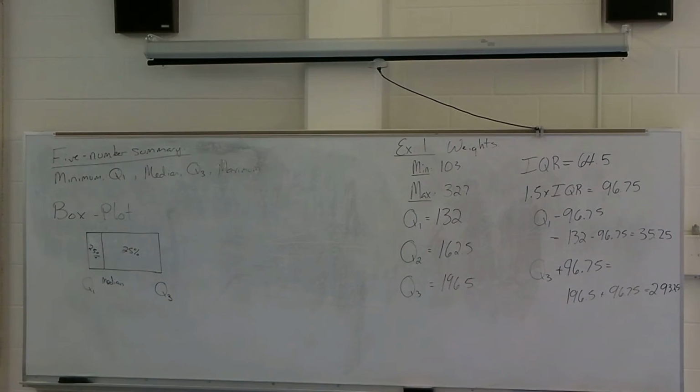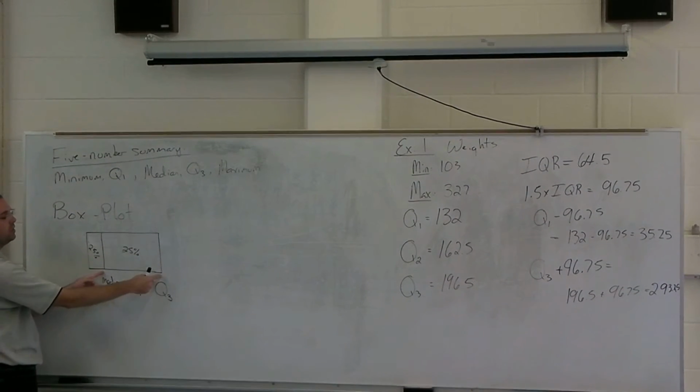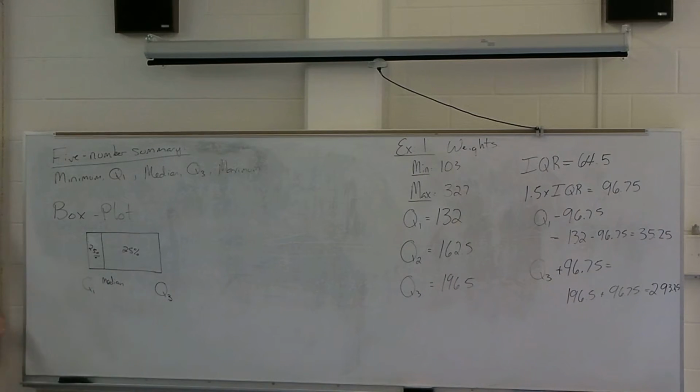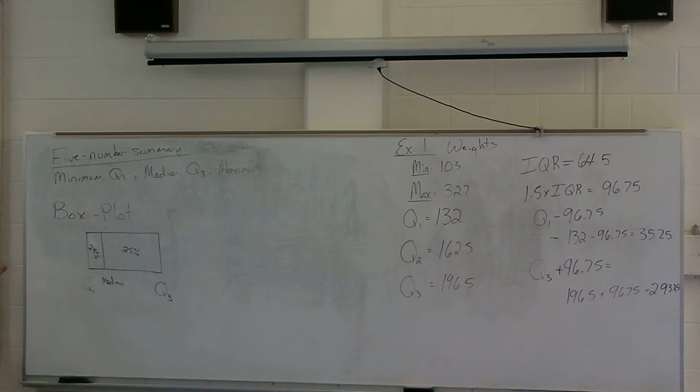Now, the width of how much is in each of those regions is irrelevant to what percentage of my data is there. There's 25% of my data here. I don't care if the difference between the median and Q3 is 5,000 units. This picture is telling me that 25% of my data is between the median and Q3. And if that's 5,000 units, then so be it. Okay?